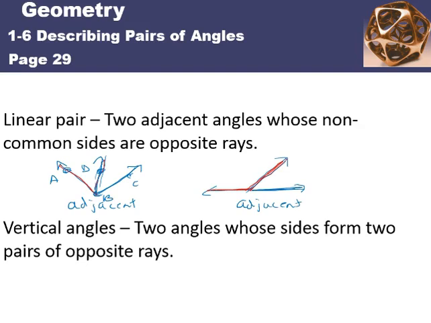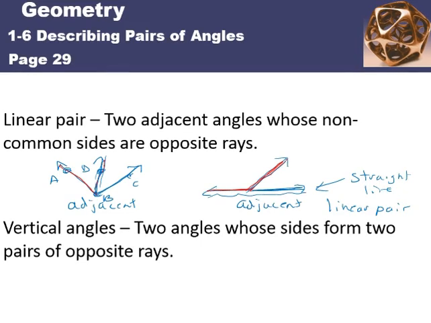Do you see how this right here is a straight line? Because they form a straight line, and the blue ray and this red ray are opposite rays, these are what we call a linear pair. These are just adjacent, they're not a linear pair.